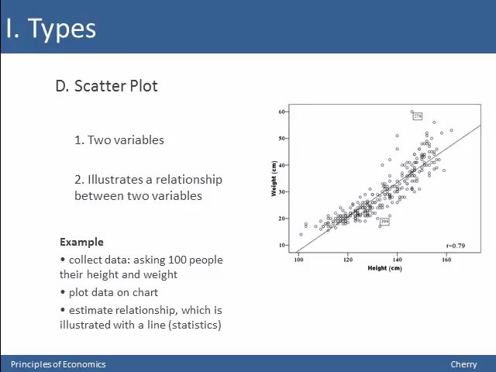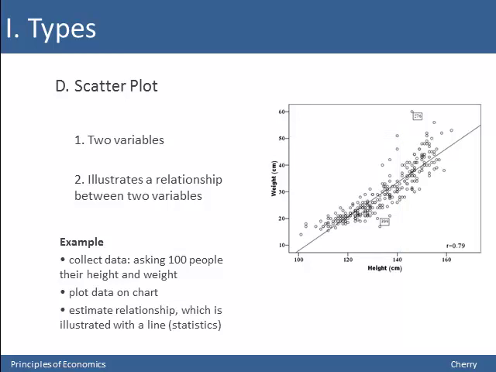Each one of those circles in the diagram would illustrate an individual. So this individual here would be someone that responded to those two questions with 50 as their weight and 140 as their height. And then you have all the other individuals that responded.